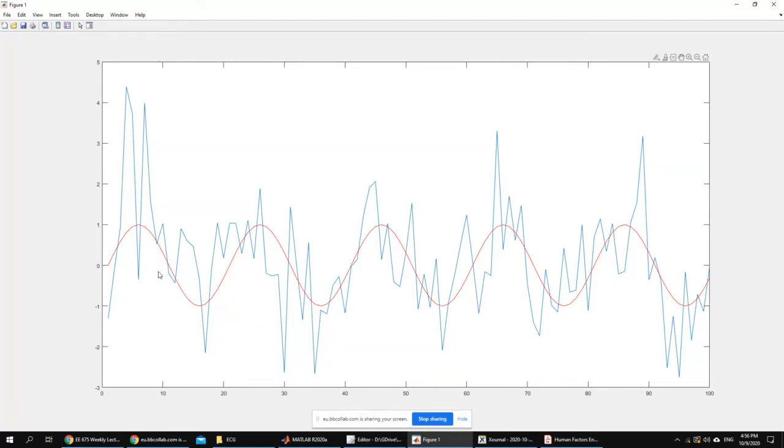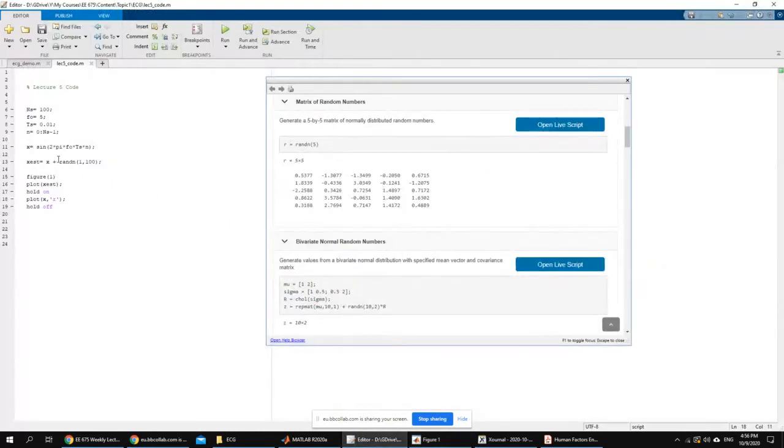So you will end up having variations from -3 to 3. See here, some things went up to 4 or higher, some went close to -3. So we should make the noise a little bit smaller so that it is more realistic. I'll put 0.1 times this.